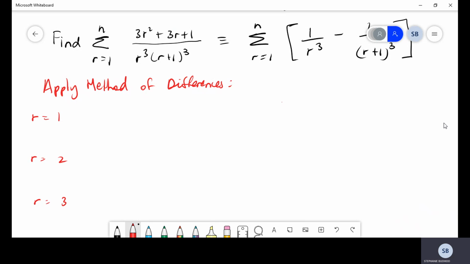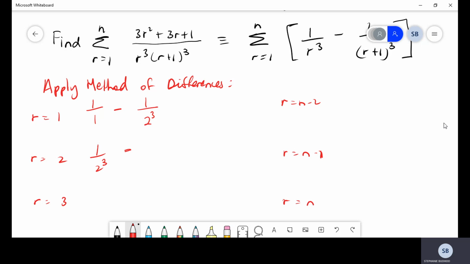On this side, the last 3 values, when r is n minus 2, r is n minus 1, and r is n. So when r is 1, we'll get 1 over 1 cubed, which is just 1, subtract 1 over 1 plus 1 is 2, 2 cubed is 8. We can leave it in any form, 2 cubed if you like. When r is 2, you'll get 1 over 2 cubed.